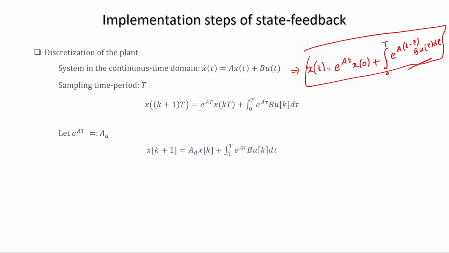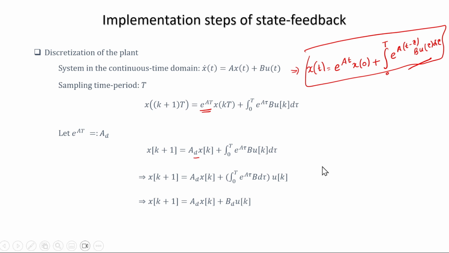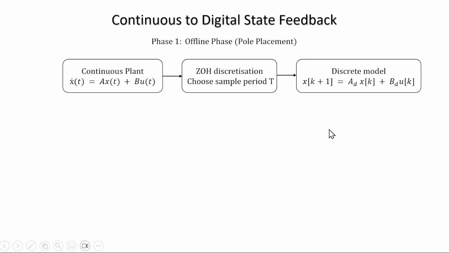Here this part we are calling A_D, and this part we will call B_D, because in this integration u_k I can take out, and the remaining part can be written in this way. So this becomes your A_D, and this becomes your B_D. Okay, so these are your A_D and B_D matrices.